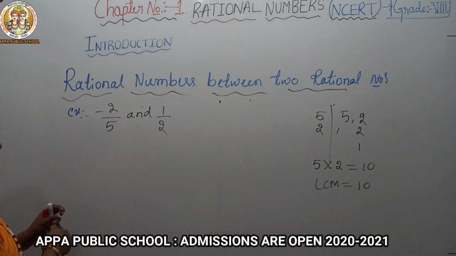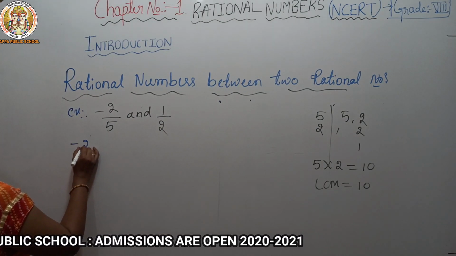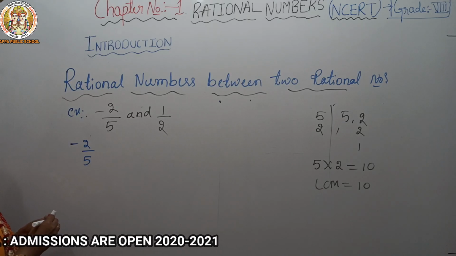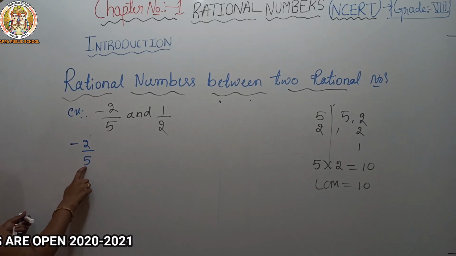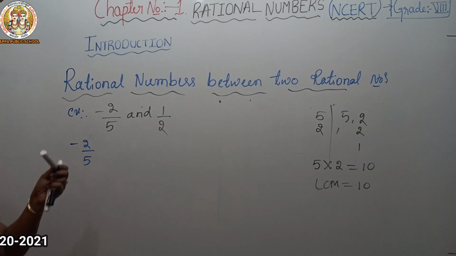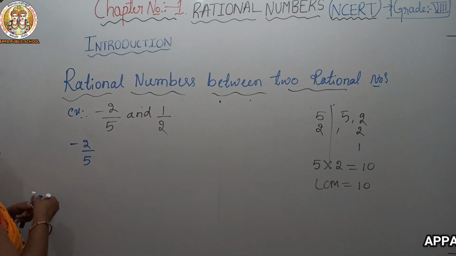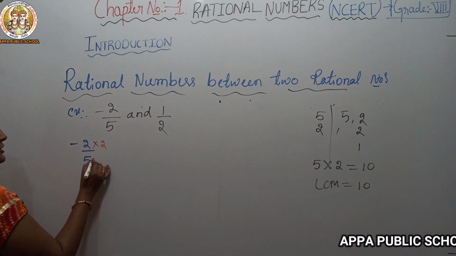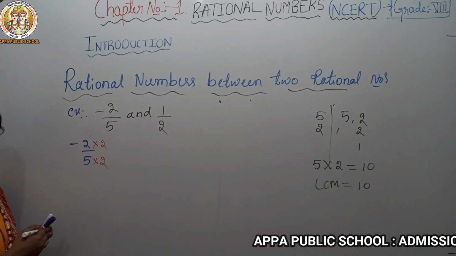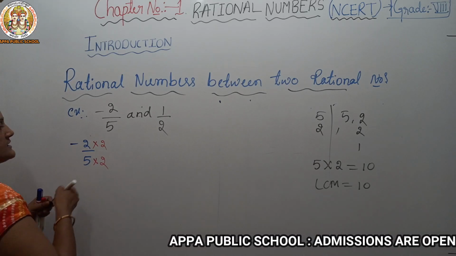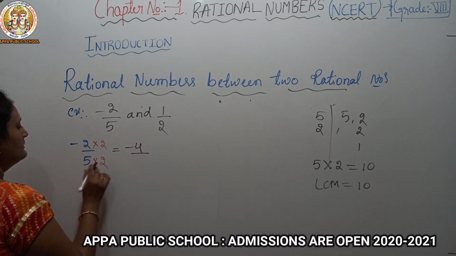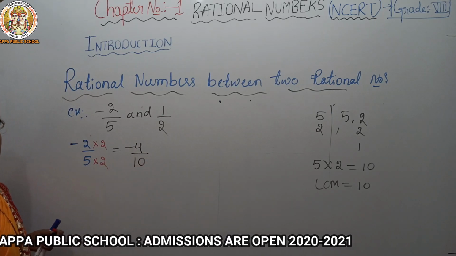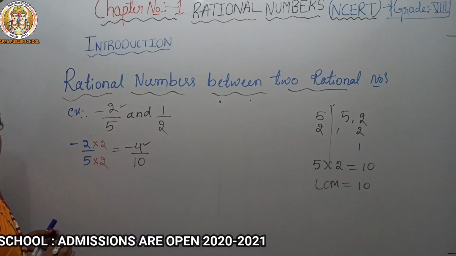Then the first number is -2 by 5. By what number should we multiply 5 to get 10? That is 2. That 2 we have to multiply in the numerator also, and in the denominator also. So this is -4, 5 twos are 10. This is the equivalent rational number, isn't it?